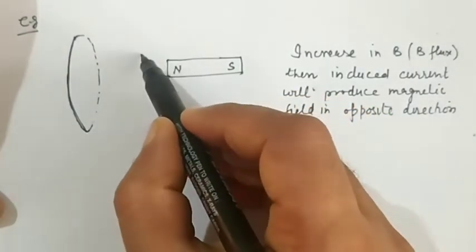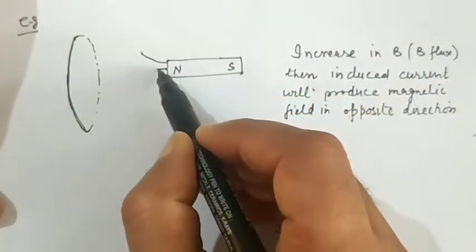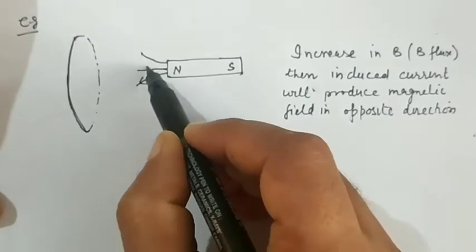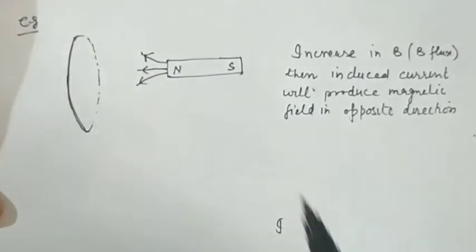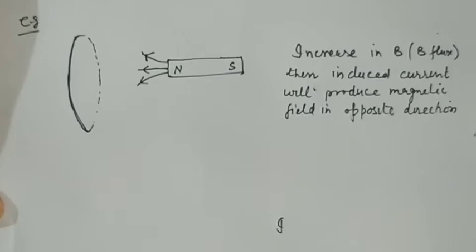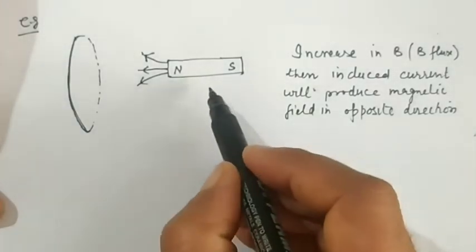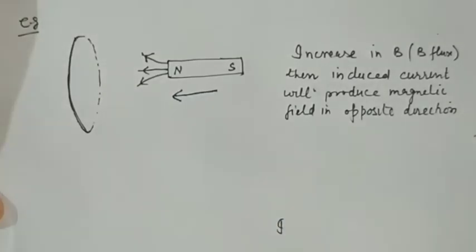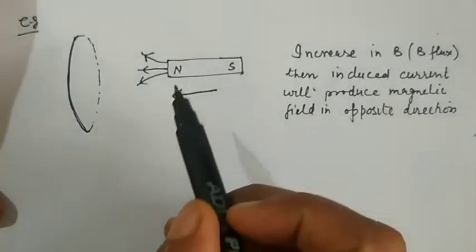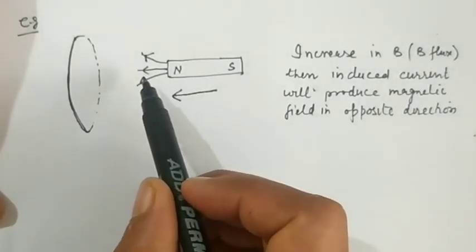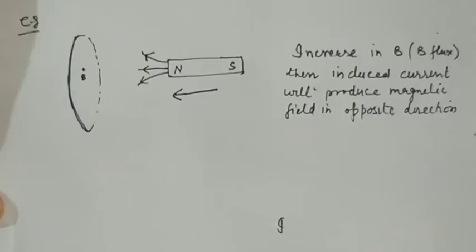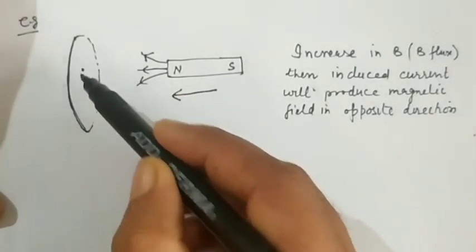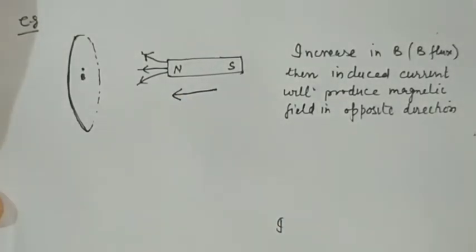This bar magnet has magnetic field lines along this direction. As we push this bar magnet towards the loop, pushing of this bar magnet will increase the magnetic field inside the loop. As a result, the magnetic flux increases.